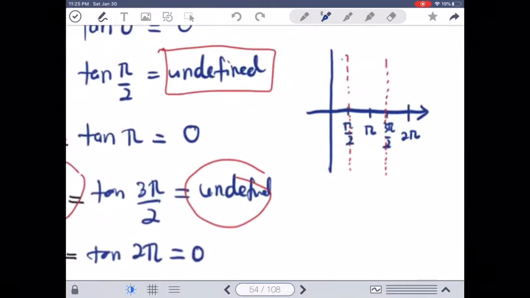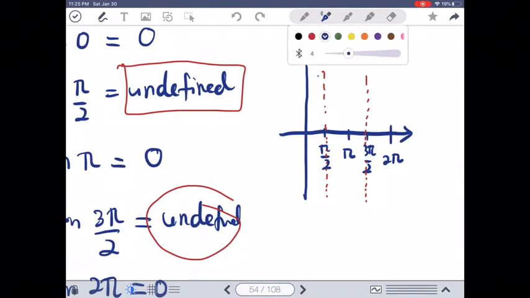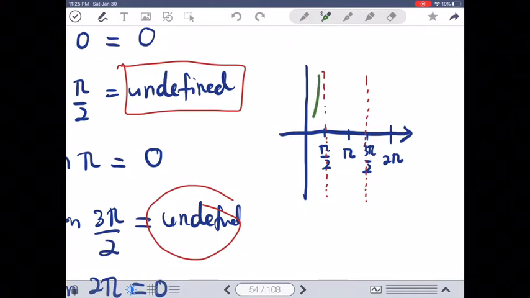One cycle for the tan graph is this. This is considered as one cycle. And if we do it continuously, the graph will look something like this. It will go on forever.